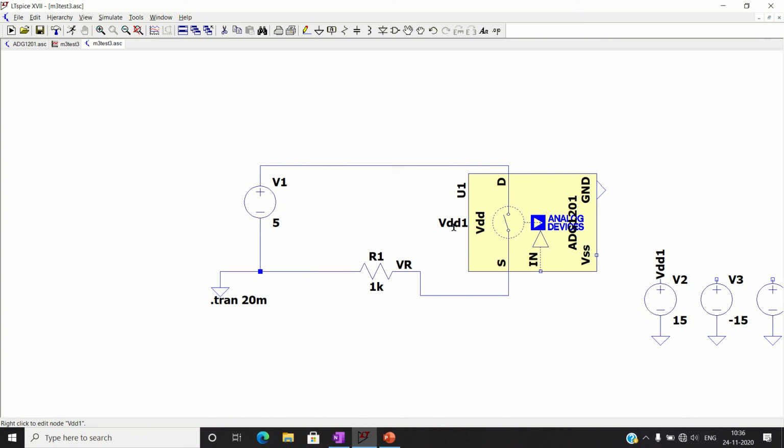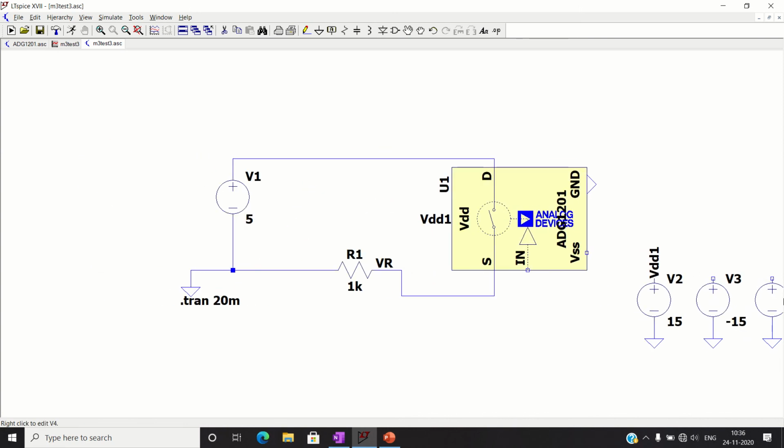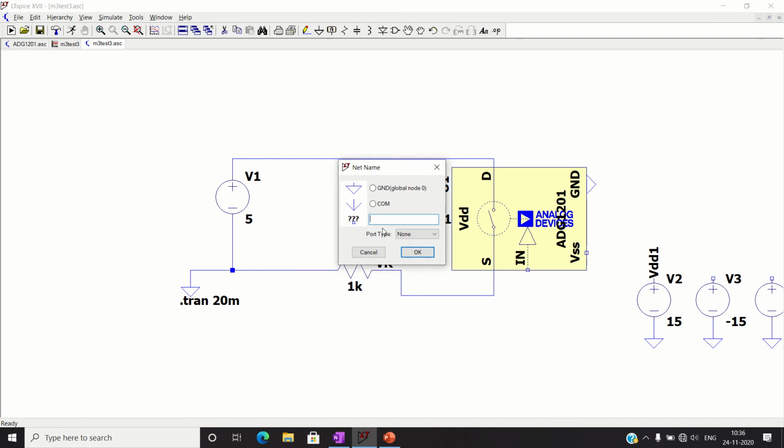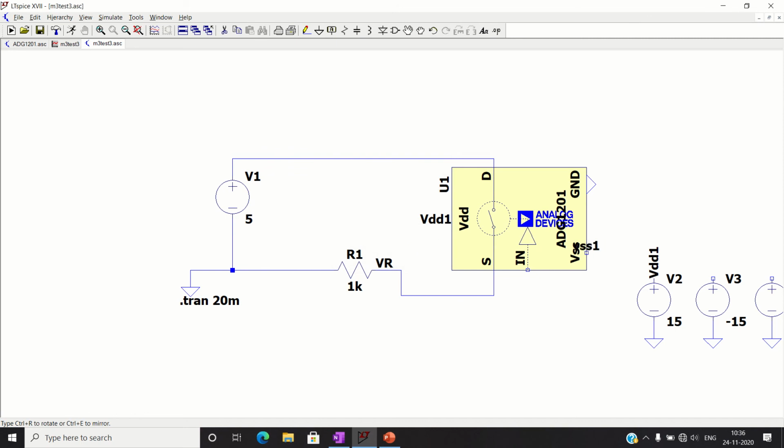What this means is that I'm connecting this point with this point. Same way I will create one more node called VSS1. You can give any name, but just so we can understand, it is VSS, I am giving VSS1.